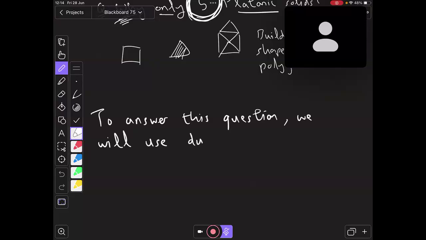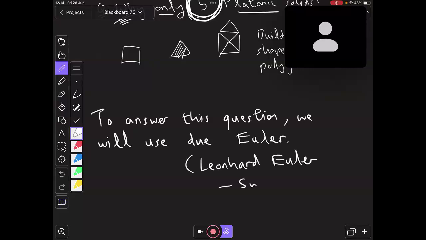A theorem due to Euler. Have you heard of Euler? Yeah, he's famous. He was a Swiss mathematician. His full name is Leonhard Euler, from Switzerland, a couple of hundred years ago.